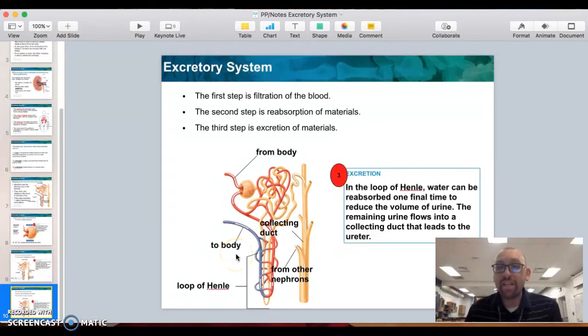When you're very dehydrated, your body pulls water out of your blood into these nephrons, but then your body says, wait a second, we're dehydrated. We need as much water as we can. So a ton of that water gets reabsorbed back into the bloodstream, leaving pretty much just urea and waste in your urine.